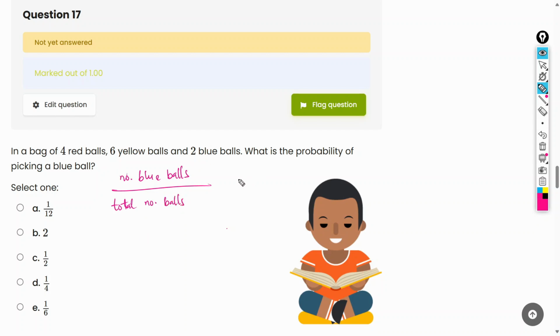So we have 2 blue balls. Total number of balls, 4 plus 6 is 10, 10 plus 2 is 12. So 2 over 12, of course, 2 into 2 is 1, 2 into 12 is 6. So the probability of picking the blue ball is 1 out of 6. That is right here.